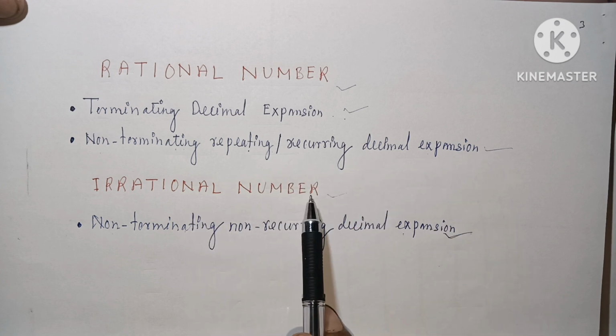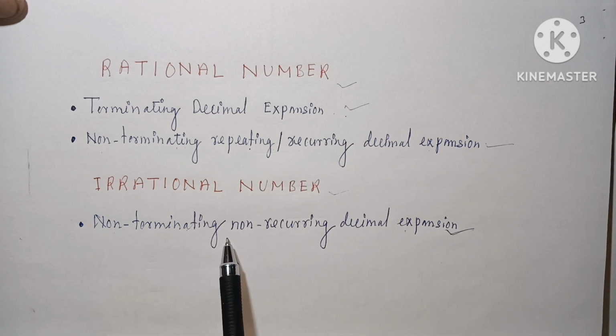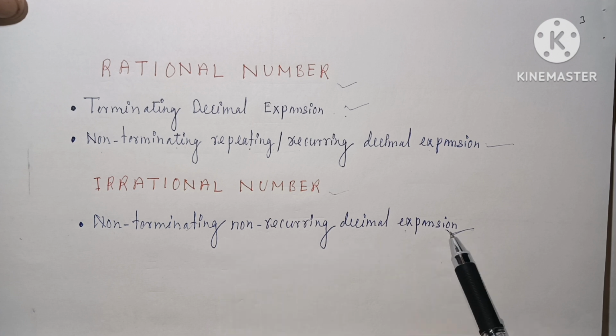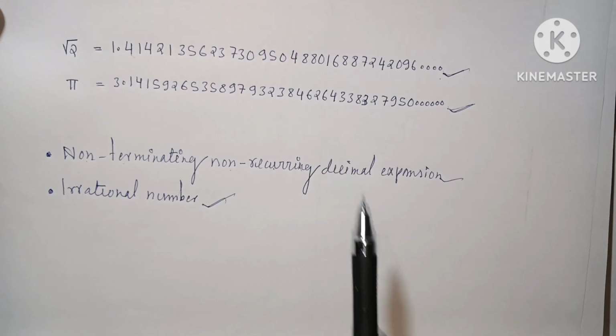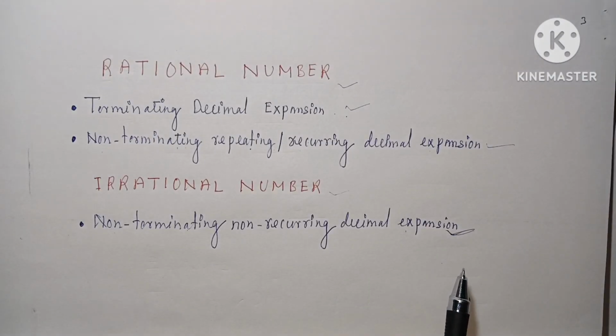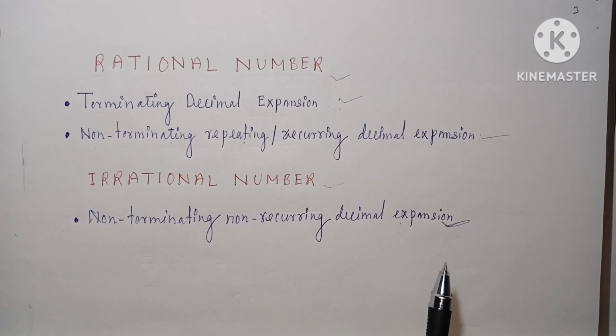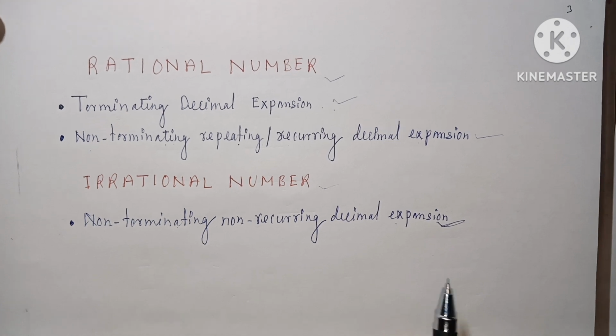For an irrational number, a non-terminating non-recurring decimal expansion. I hope in this video you understand what type of decimal expansion is called a rational number and what type is called an irrational number.